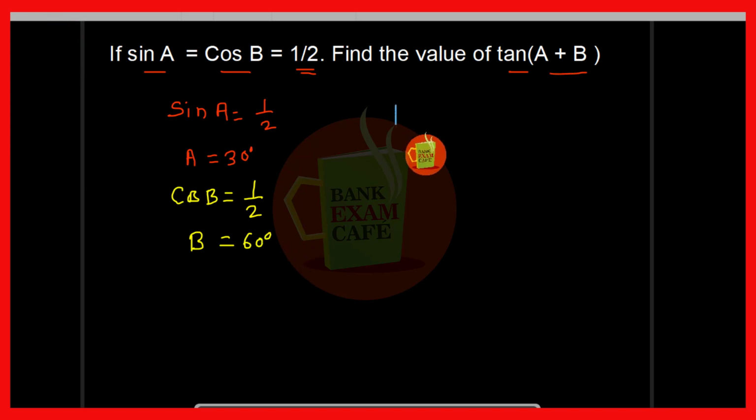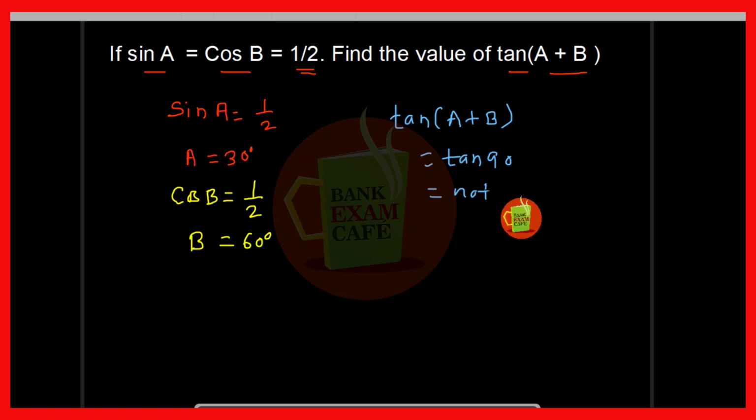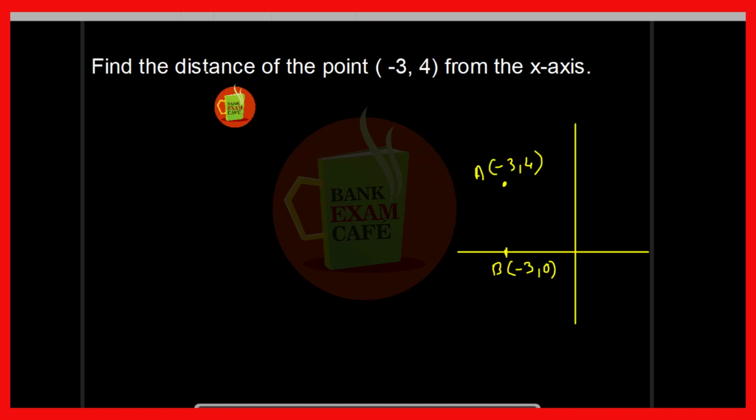We have to find tan A plus B. So tan of A plus B is equal to tan of 30 plus 60, that is tan of 90, and tan 90 is not defined. Therefore tan A plus B is not defined. Move to the next question.